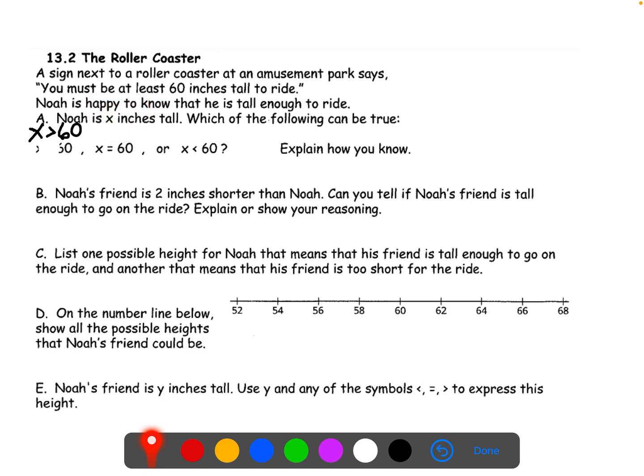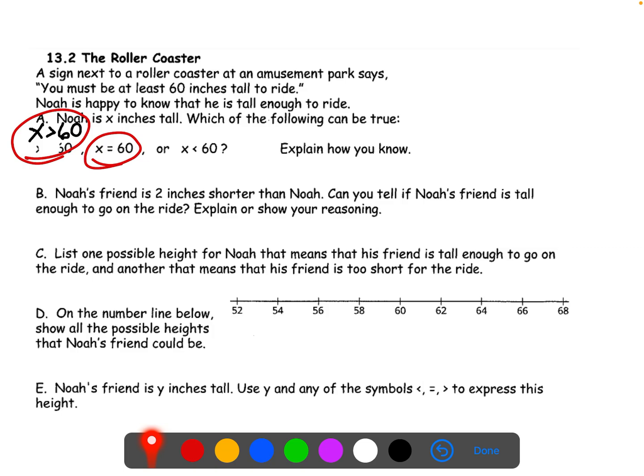If you must be at least 60 inches tall to ride, then Noah would need to either equal 60 inches, because that would mean he could ride, but he could also be taller than 60 inches, and this would be a way to represent that as well. I think both of these expressions tell us what Noah's height could possibly be.